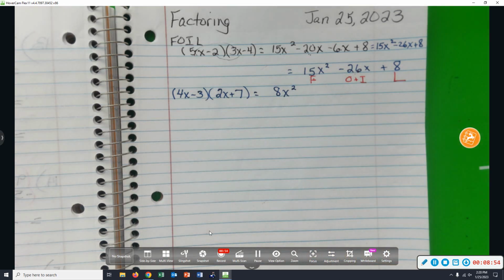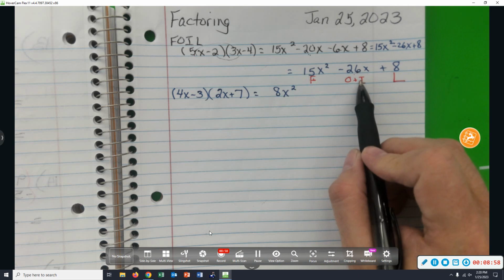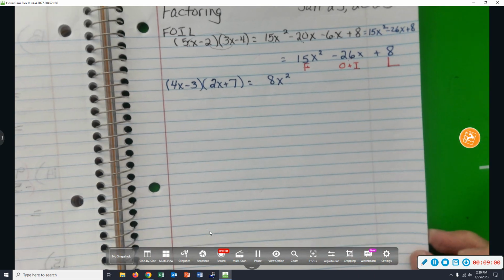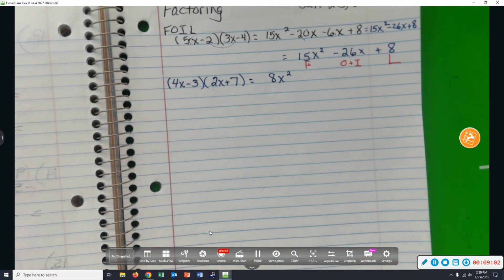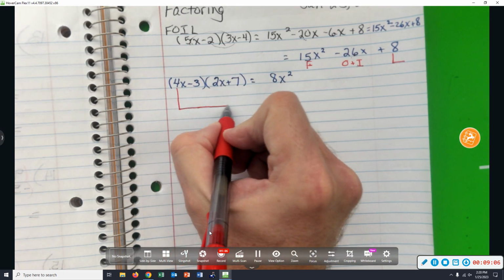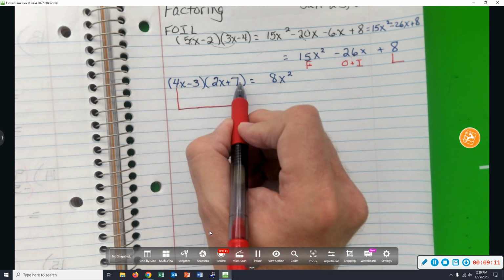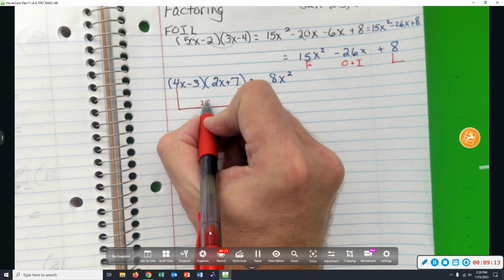Now the outer and inner terms combine to give this middle term. So look at how I'm going to do these outer and inner terms. Right here, these red marks, that's the outer term. 4x times 7, that's a 28x.